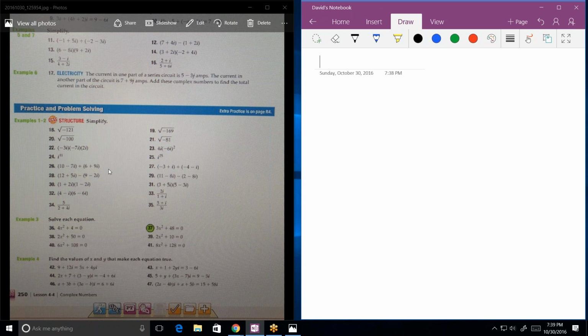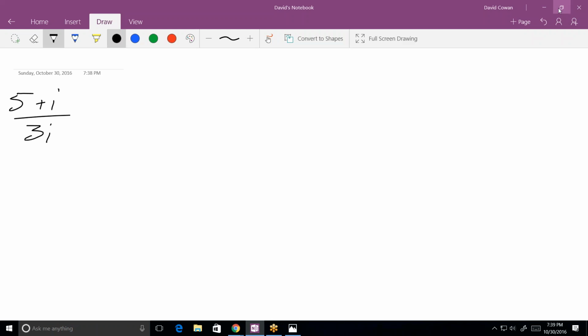All right, what next? That is going to be 35, which is 5 plus i over 3i. Okay, so the first thing would be to multiply it by -3i on both the top and the bottom. Good.